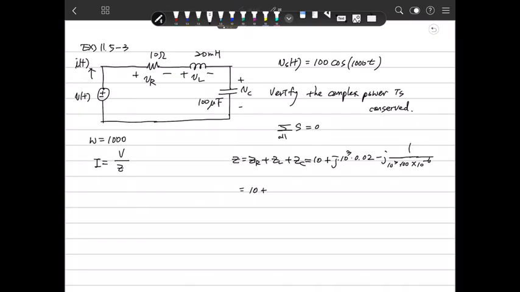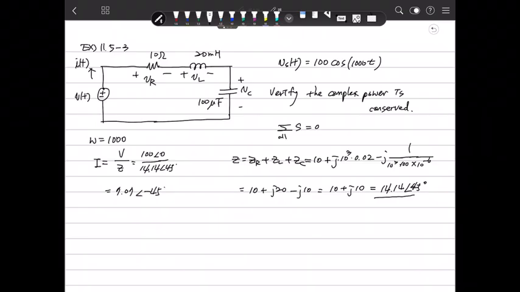So the value is 10 plus j20 minus j10, which is 10 plus j10. Written in polar form, it is 14.14 with angle 45 degrees. So V is 100 and the impedance is 14.14 at 45 degrees. Therefore the current is 7.07 at minus 45 degrees.